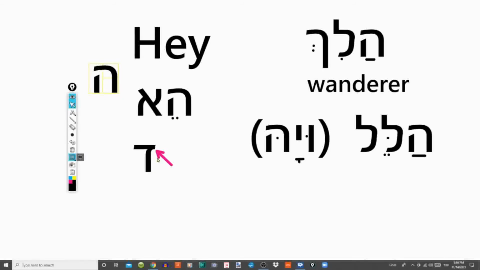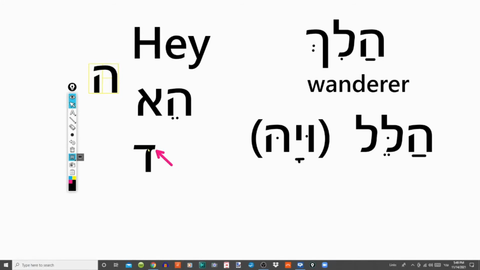Now, you guys are probably asking, what have you got a Daleth up here for? Well, because on the Daleth last time, I did not point out that a Daleth will always have this little section here on top of it. It doesn't just come straight down. It has this section, this little tail on the leading edge.